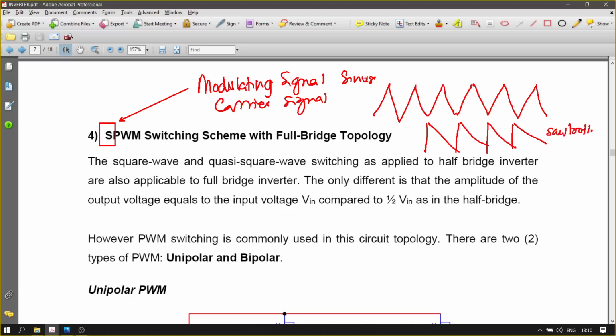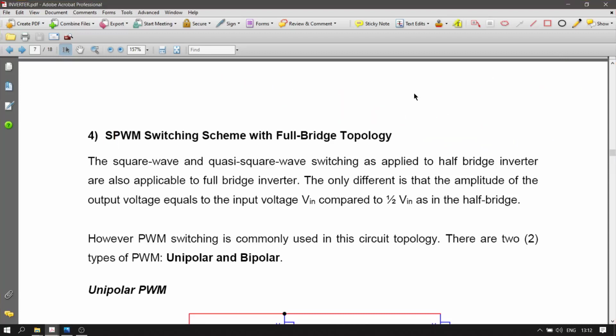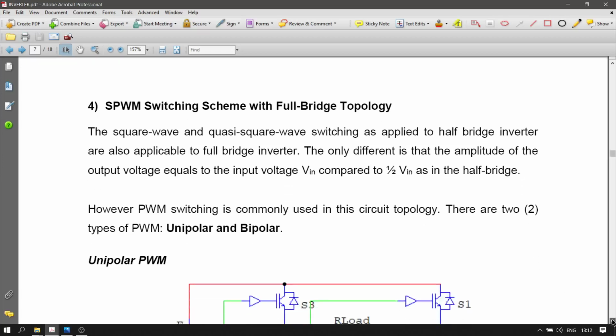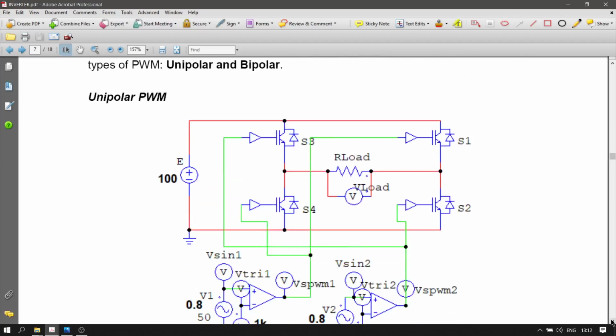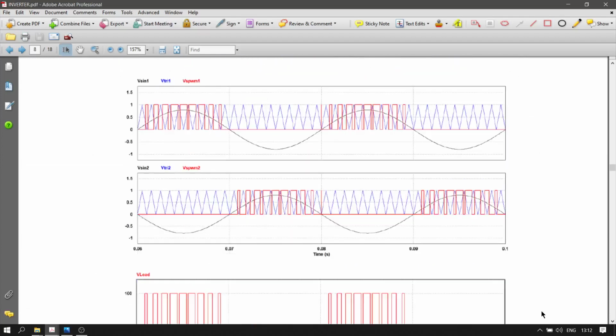But for the EPO 510, we only consider the normal triangular waveform, right? Therefore, there are two types of SPWM switching scheme: one is the unipolar PWM, and the other is the bipolar PWM.